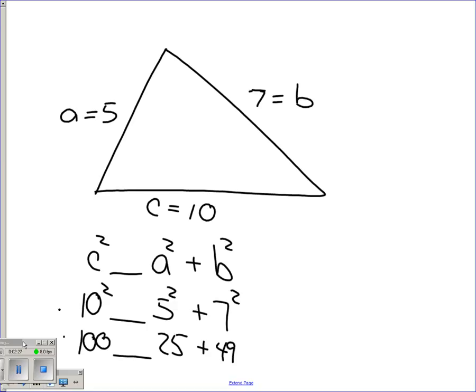Now, 25 plus 49 is 74, so 100 is definitely greater. And because it's greater than, this is an obtuse triangle. What we're saying is we don't know this measure right here, but we know that it's greater than 90.